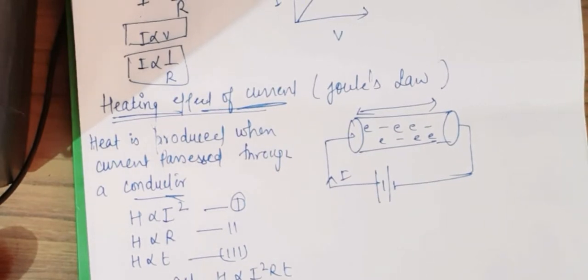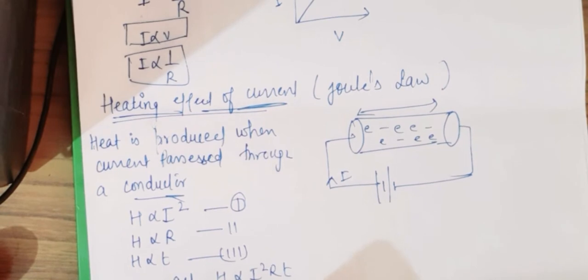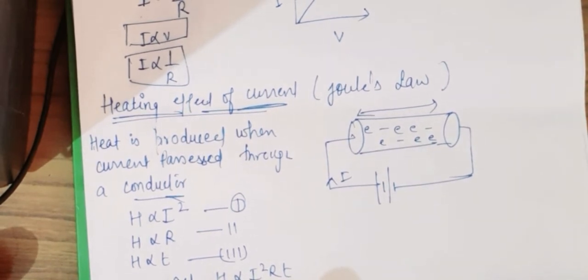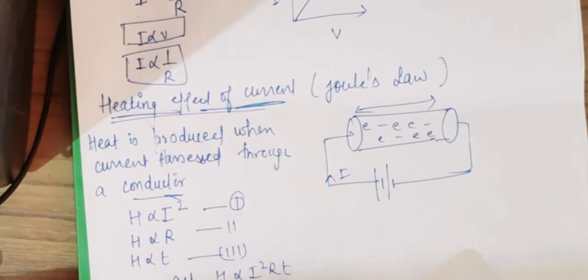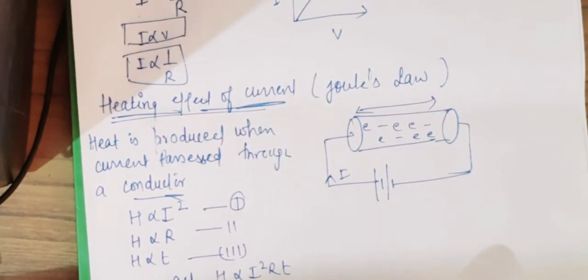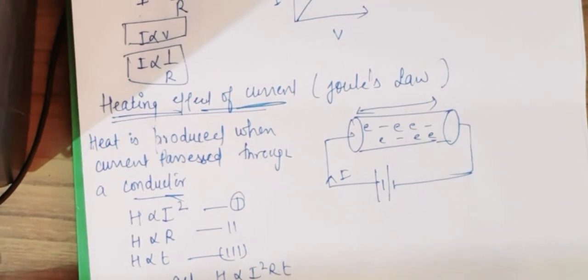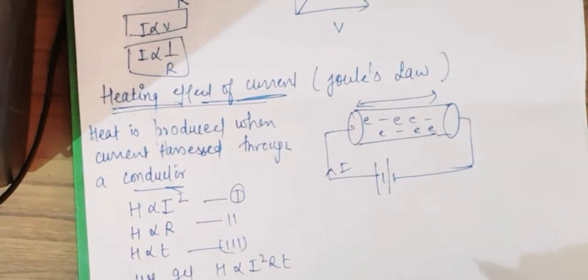So we can write H equals K I square RT. The value of K is 1 for the SI system. So H is equal to I square RT according to the heating effect of current.